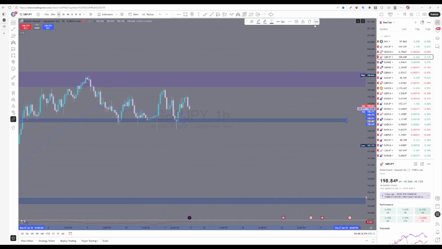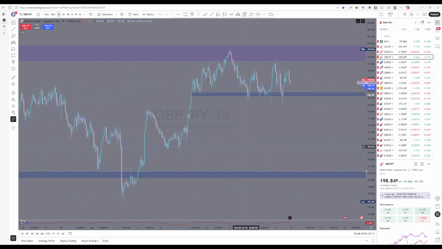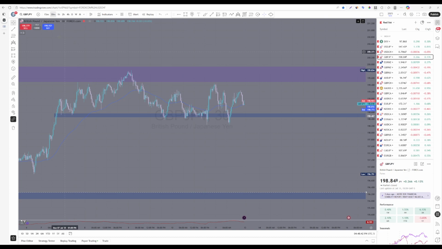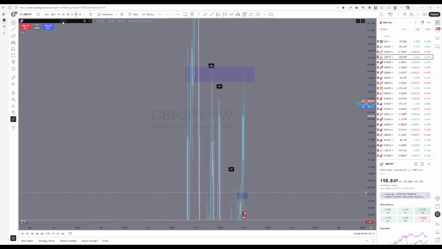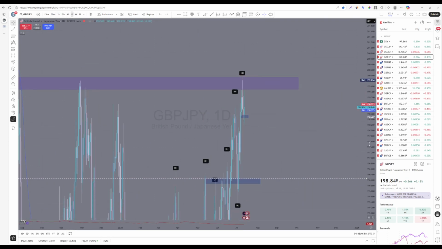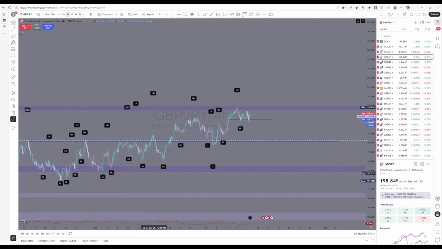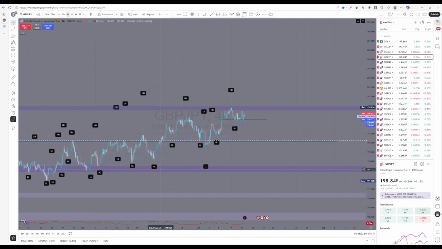So within this consolidation here, knowing that price is bullish, weekly's bullish, daily's also bullish. That's two consecutive time frames that are bullish, and 4 hours bullish. You'll obviously want to buy.